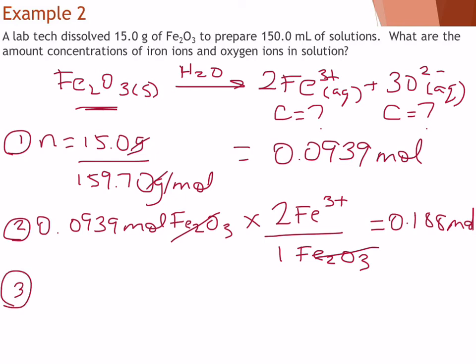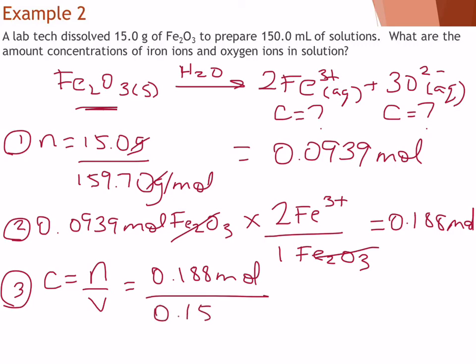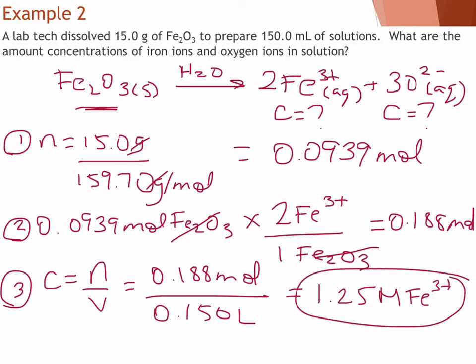Step three is to convert to whatever it is the question's asking us, which in this case is a concentration. So we're going to do our moles divided by our volume in liters. So again, we want to divide that 150 milliliters by 1,000 to get 0.15 liters, which gives us 1.25 moles per liter of iron 3 ions in solution.